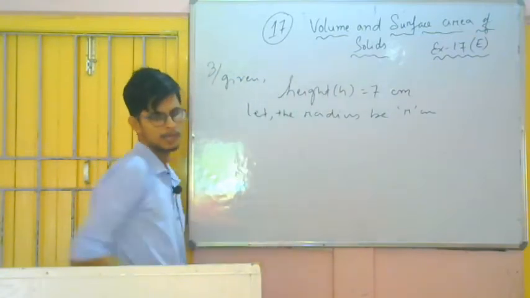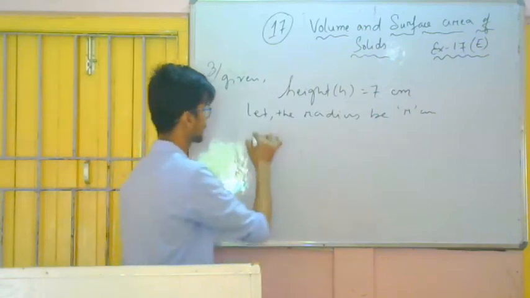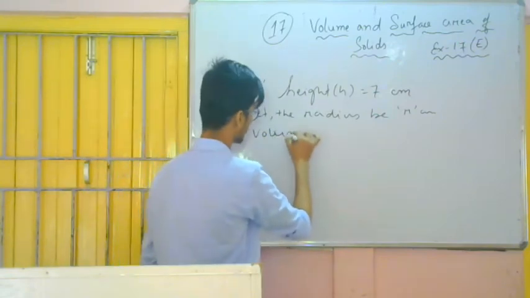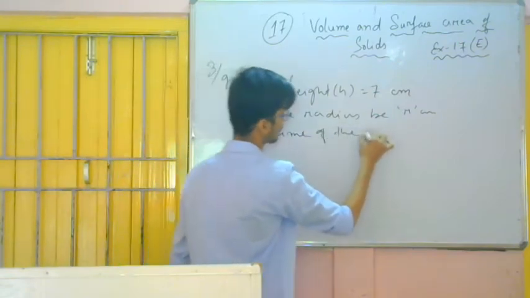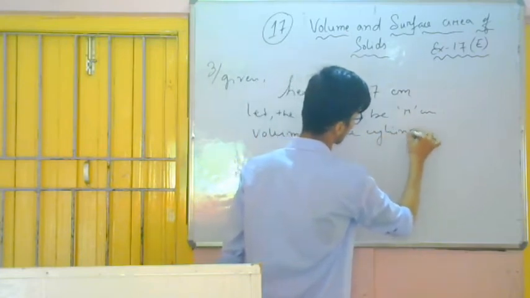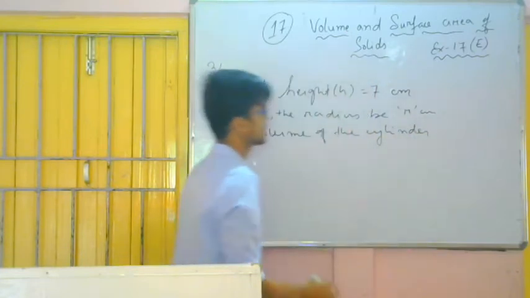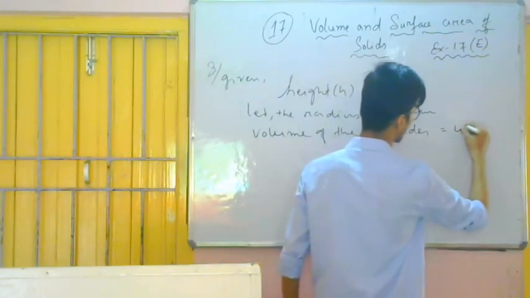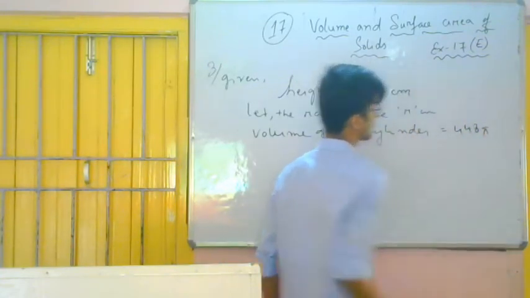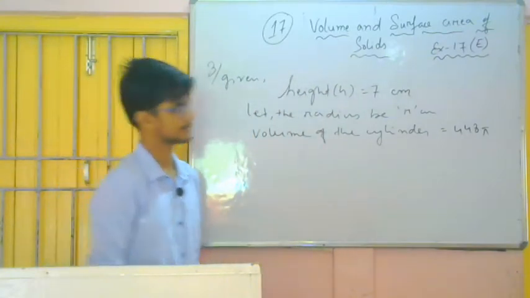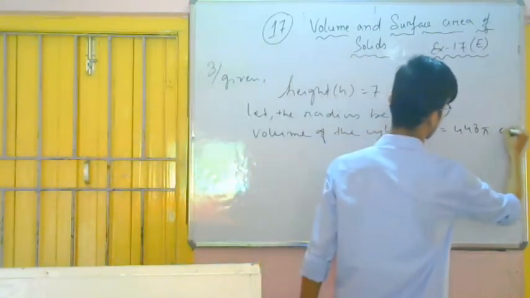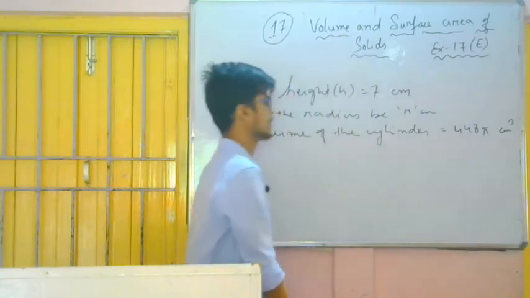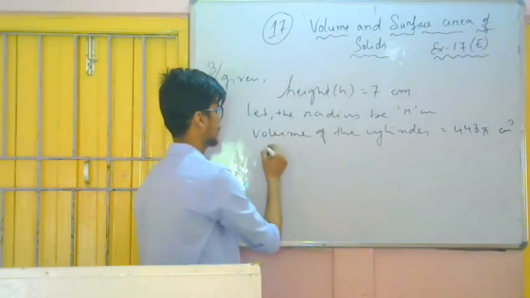Since volume is given, you write volume of the cylinder is 448 pi cm cube.